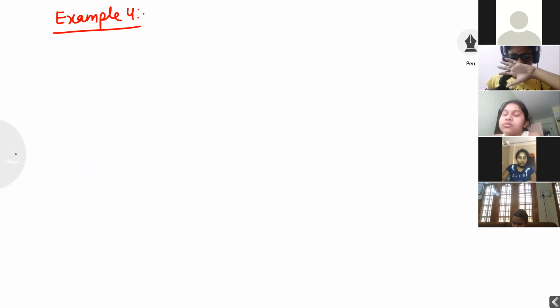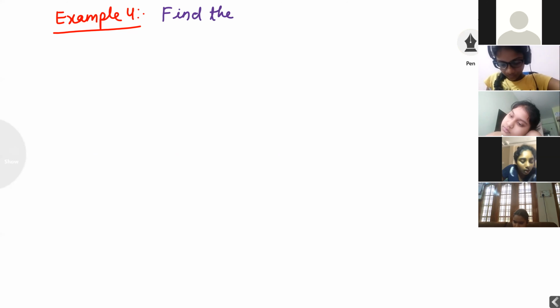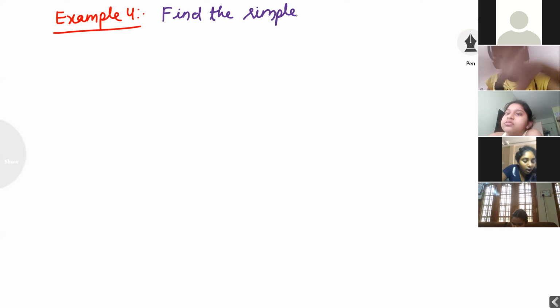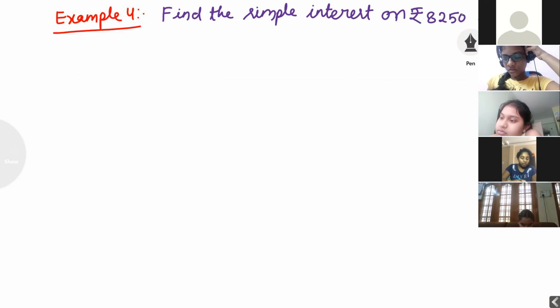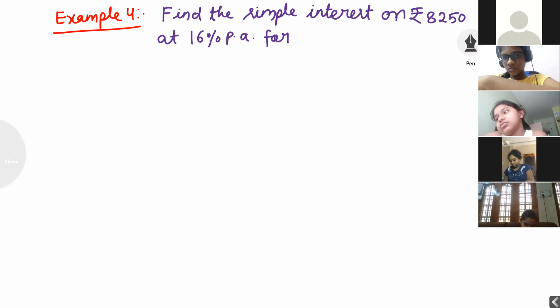Find the simple interest on rupees 8,250 at 16% per annum for 3 and 1/2 years, 3.5 years.